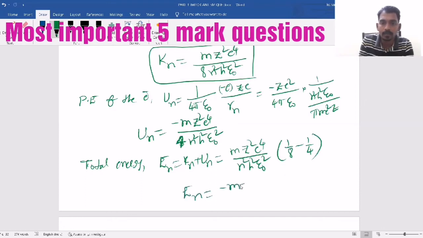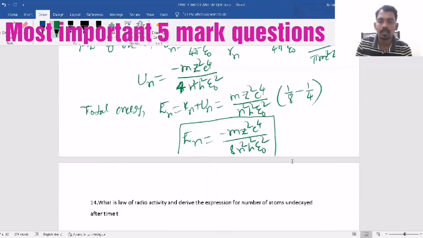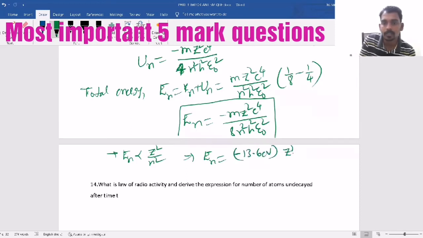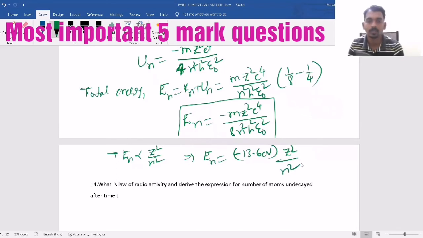So if you do that, you will get minus m Z square e power 4 by 8 n square h square epsilon naught square. This is the total energy of the electron in the nth orbit, where En is directly proportional to Z square by n square, or En also can be written as minus 13.6 electron volt into Z square by n square.